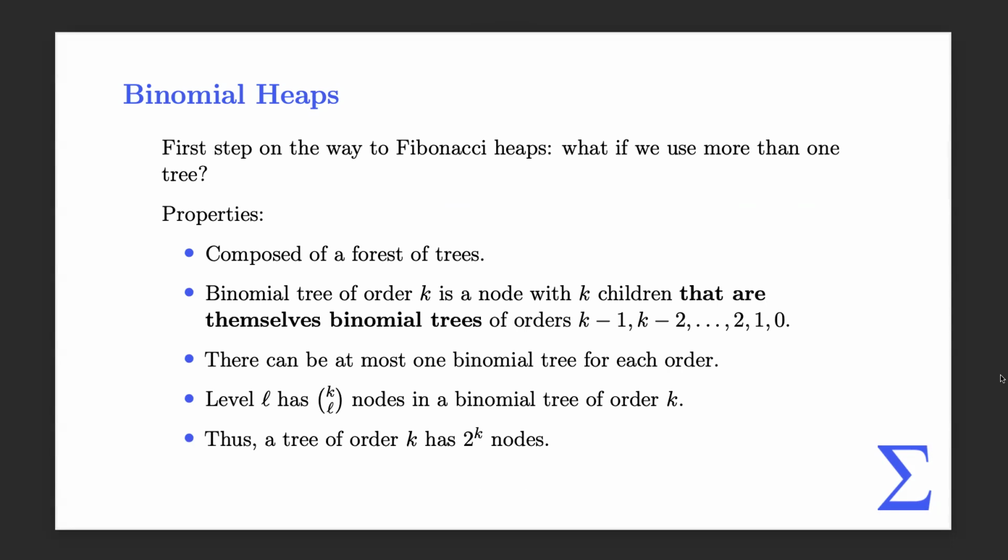Each tree of order k has 2 to the k nodes, and a result of that is that the largest degree is bounded by O of log n, which is going to be useful later when we look at Fibonacci heaps.